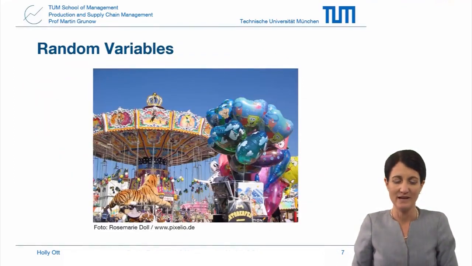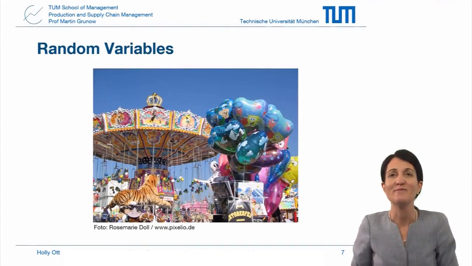Now let's go back to Munich, where we celebrate the Oktoberfest in the last week or so of September. Random variables are, as we said, used to represent populations with variability. So let's pretend that we are managing one of the big tents at the Oktoberfest.